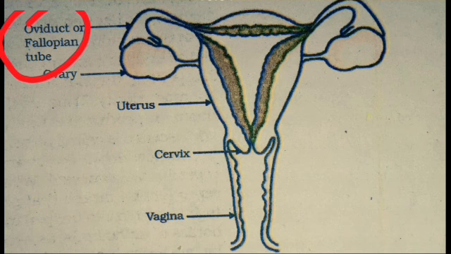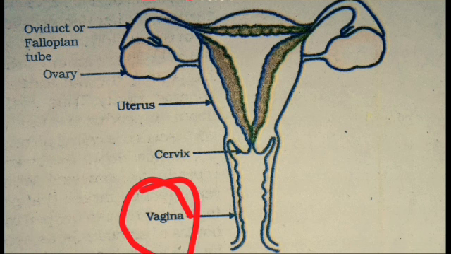Let me explain you this point again. The sperms are deposited in the vagina of the female reproductive system by the penis of the male reproductive system during sexual intercourse.